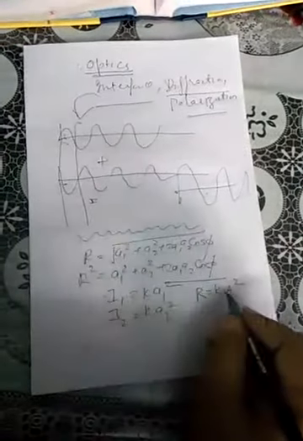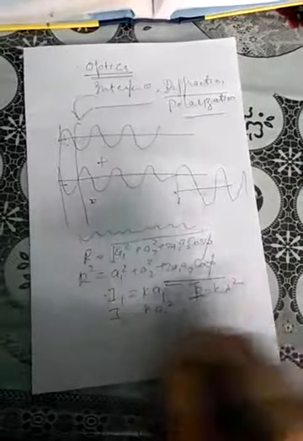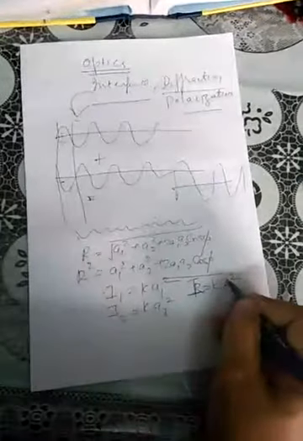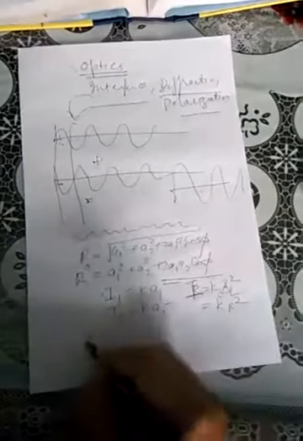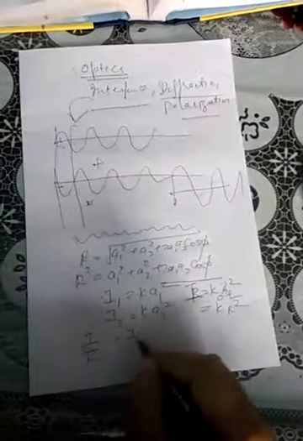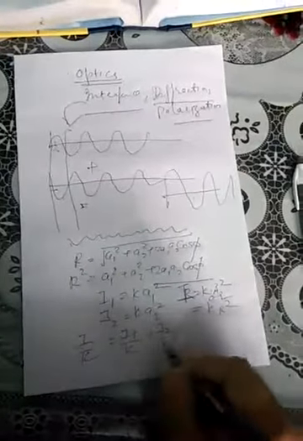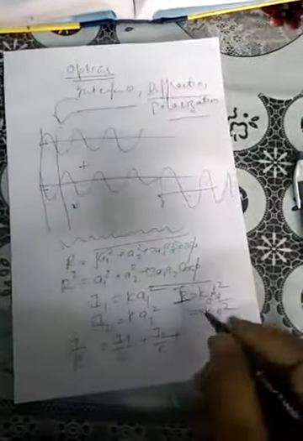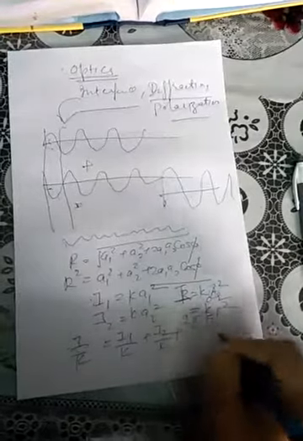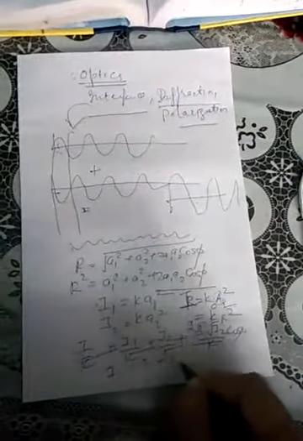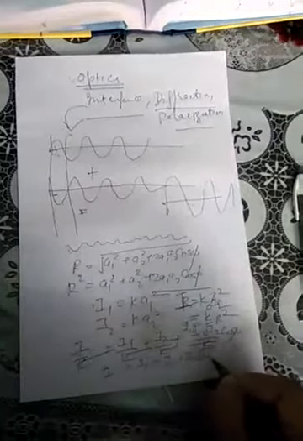So we can find the resultant intensity. I upon k is equal to I1 upon k plus I2 upon k plus 2 root of I1 I2 upon k into cos phi. So k will get cancelled, and I is equal to I1 plus I2 plus 2 root of I1 I2 into cos phi.